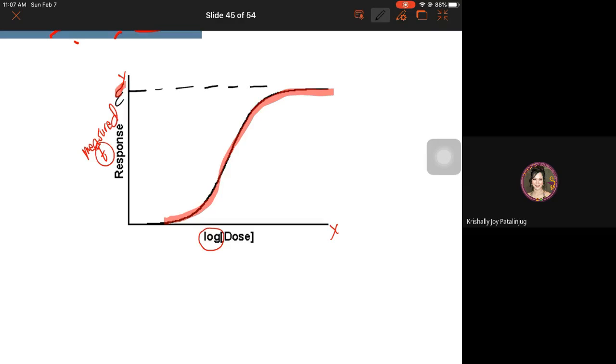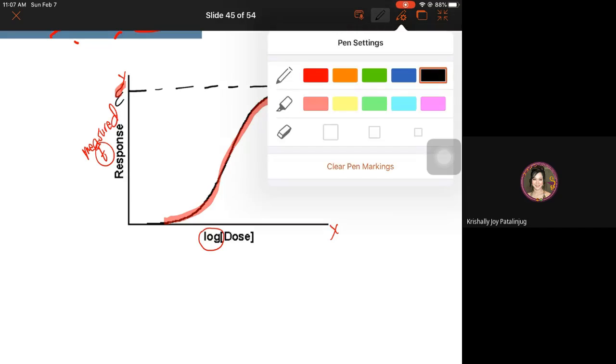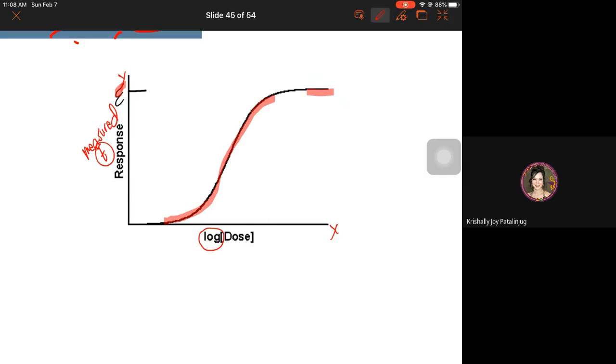Okay, this is the maximal achievable response to a drug. All right. Again, with this dose response curve, we can understand certain aspects of a drug. So, for example, we have efficacy, the maximal achievable response to a drug.